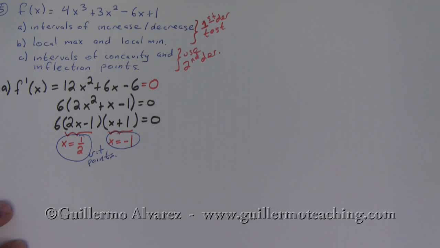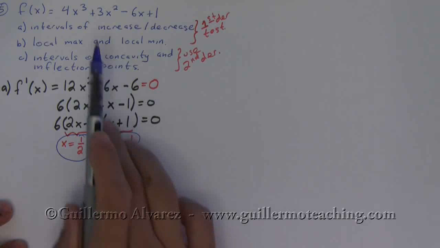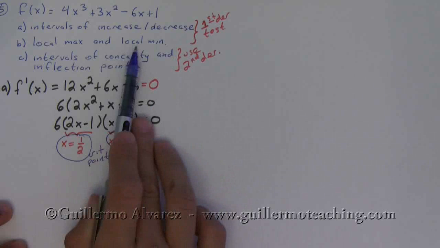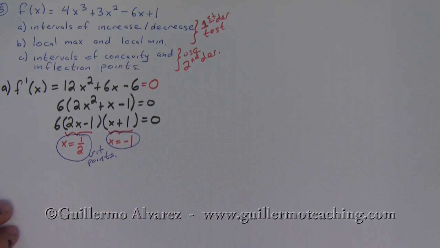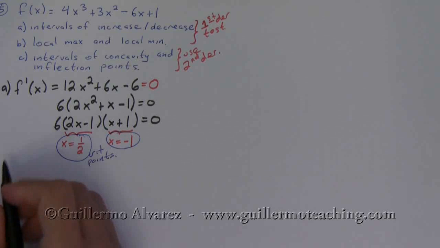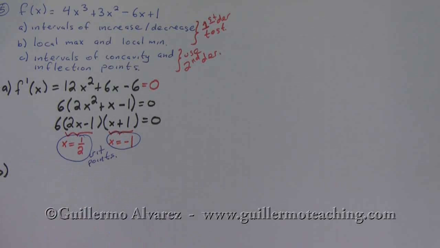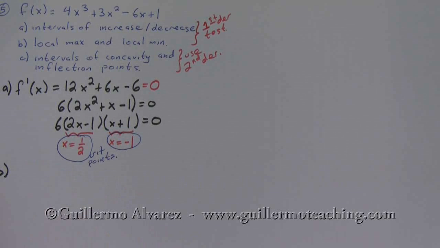Okay, now once I have that, then I can find the intervals of increase and decrease and the local maximums and local minimums. A and B is kind of the same step for both of them. So we'll put B here, but we realize that it's really all part of the same thing.